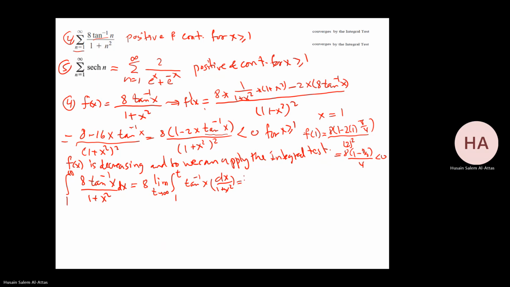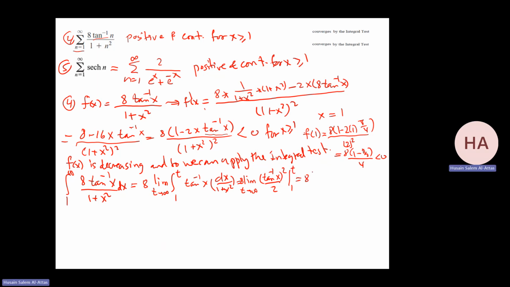Don't forget the 8, it will not make a difference. That will be tan inverse of x squared over 2. Since I have u du, it will be u squared over 2, which is tan inverse of x from 1 to t.